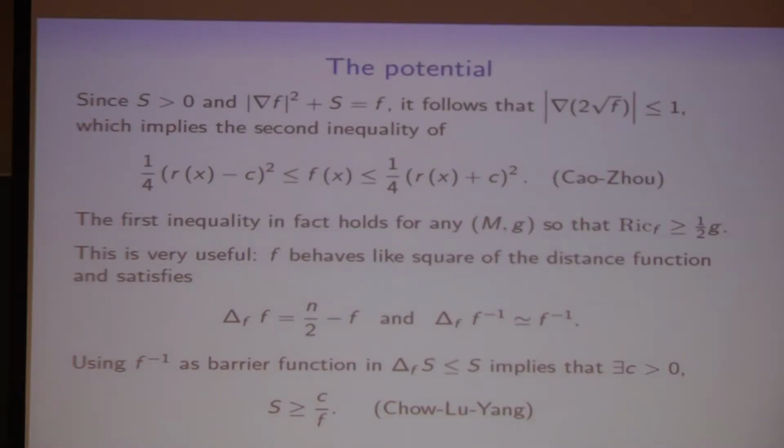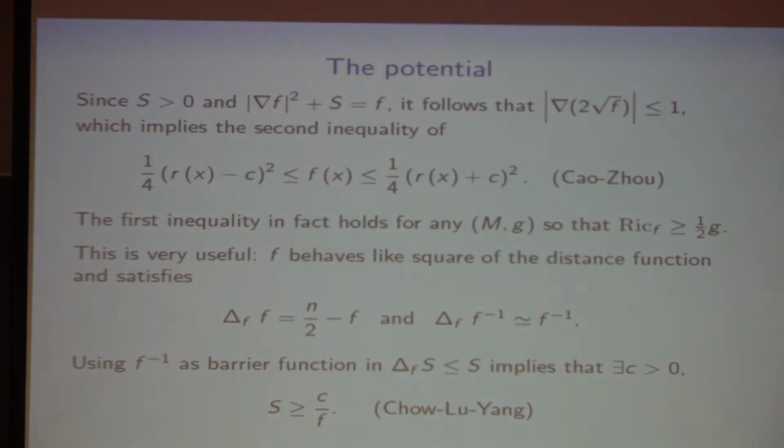And you've seen this here in the previous lecture. So basically, the fact that scalar is positive and you have those identities allows you to say that the potential function grows exactly like on the Gaussian, like distance squared over 4.